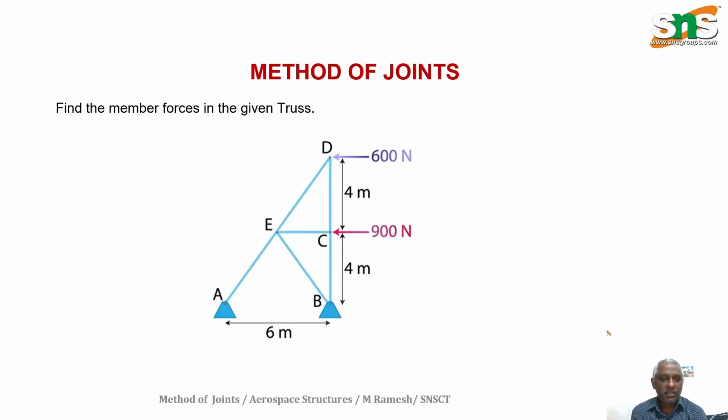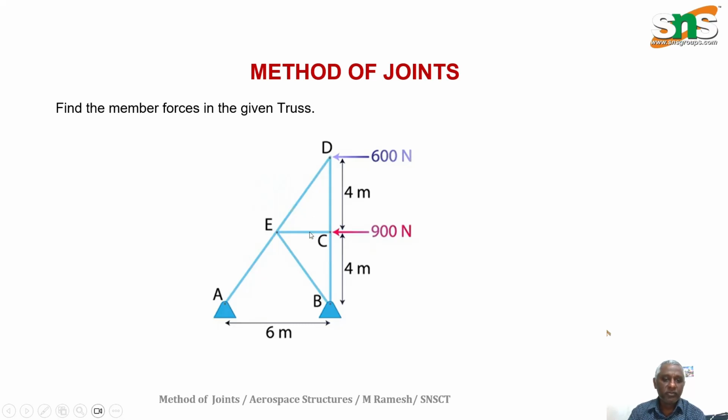So here the truss is given, and the main aim is to find the member forces in the given truss. Just look at this truss. We have AE, ED, DC, as well as CB, and from B it is B to E, as well as from C to E. So the number of members: 1, 2, 3, 4, 5, 6.